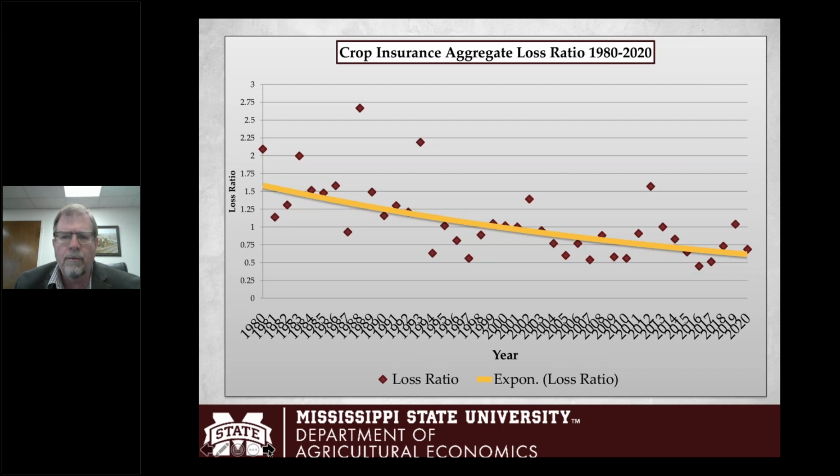What you see in the early period here is that the program was rarely under a loss ratio of 1, and then in recent years, most of the time it is below 1.0, and occasionally popping up above. So there's been a tremendous change, and we know the program has grown.